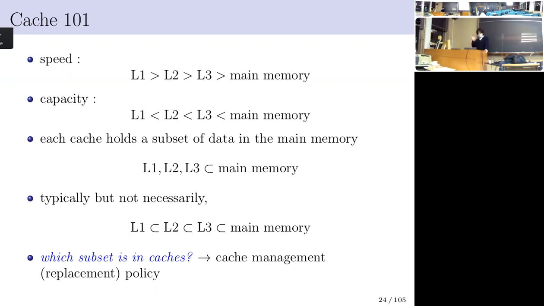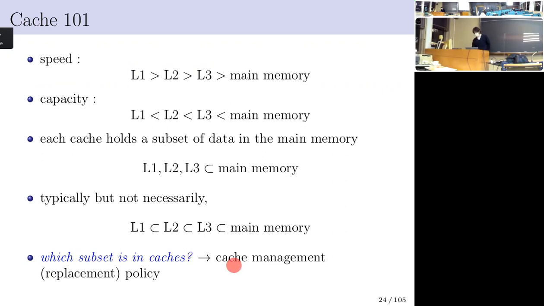But as you're going to see, in terms of performance, the cost of accessing data is very significantly different depending on which level of the cache the data happens to be in. So when you reason about the performance of your program, you have to reason about which part of your data will be in the cache. Of course, you cannot predict it completely, but you can still make sense of it. So this is important.